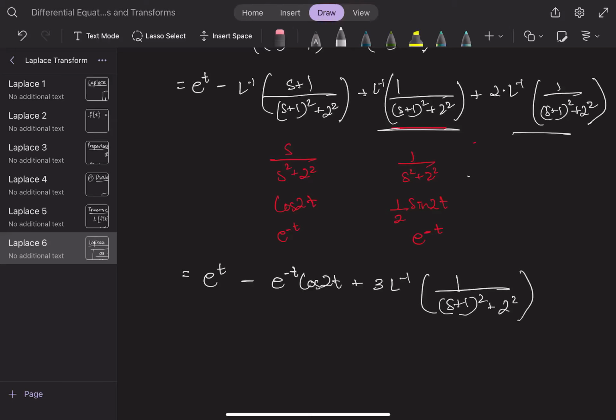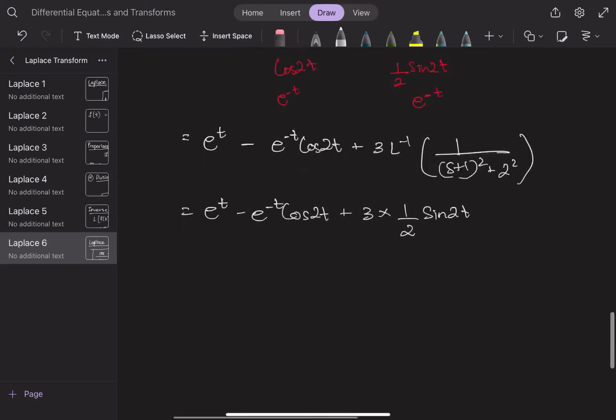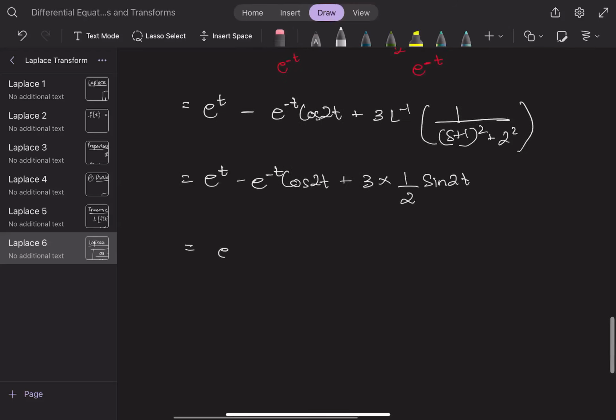So this becomes e raised to t minus e raised to minus t cos 2t plus 3 times 1 by 2 sine 2t. So this is your answer. It's e raised to t, multiplied by e raised to minus t because of the shifting theorem, minus e raised to minus t cos 2t plus 3 by 2 e raised to minus t sine 2t.